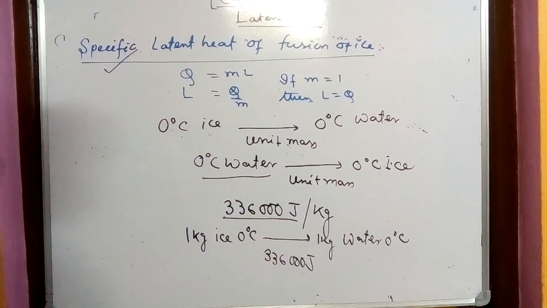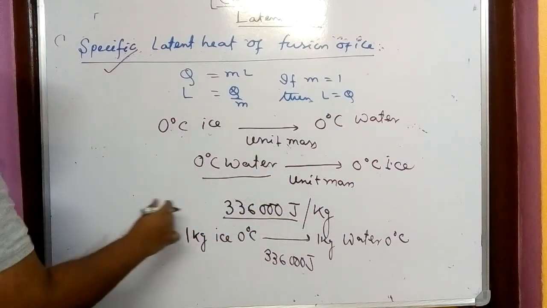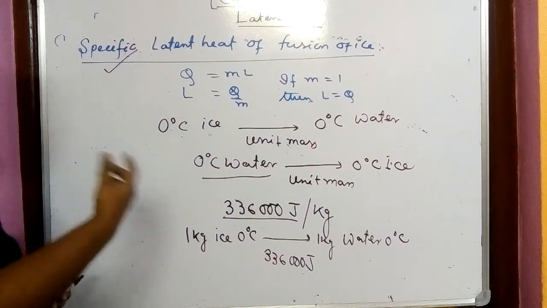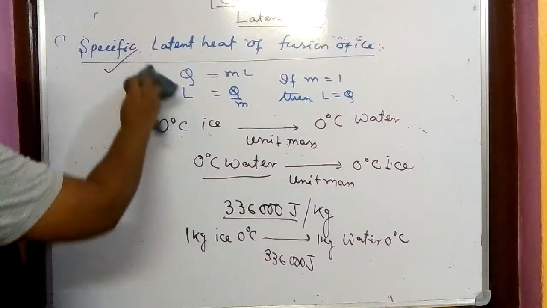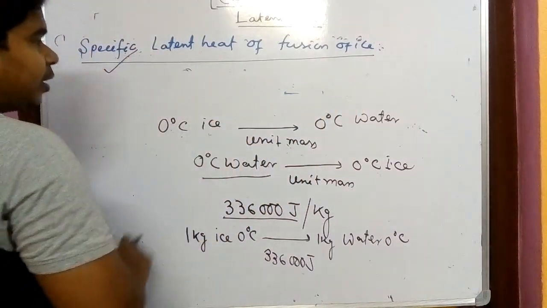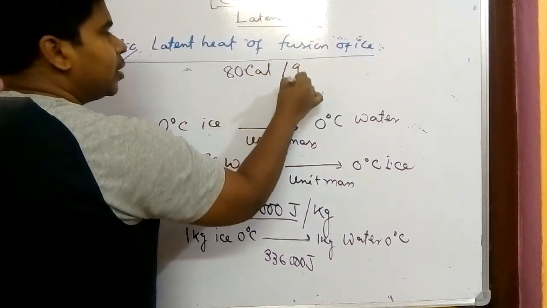Or in another sense, instead of taking the SI value of this specific latent heat of fusion of ice, if I am taking the CGS one, the CGS value is 80 calorie per gram.